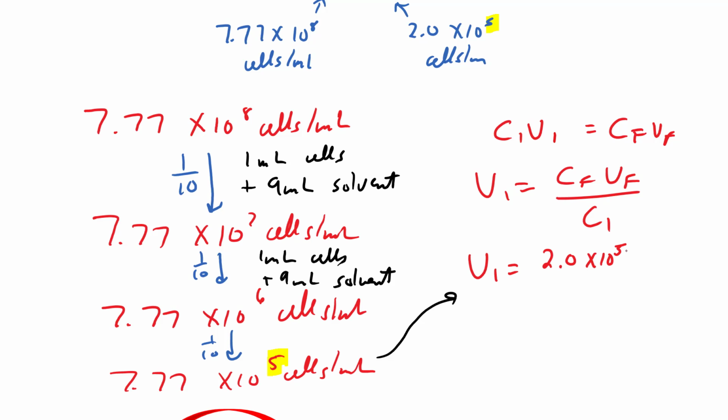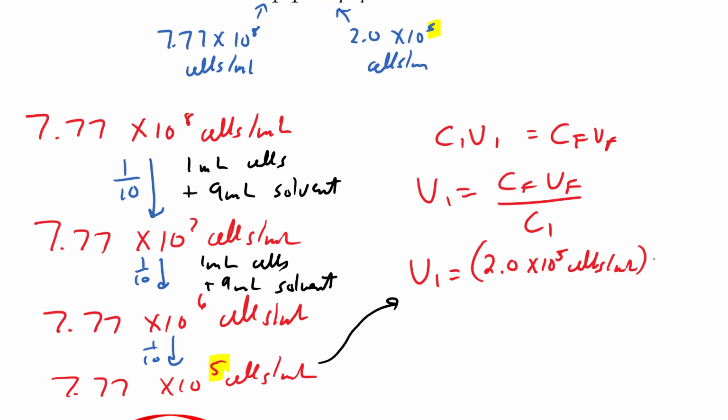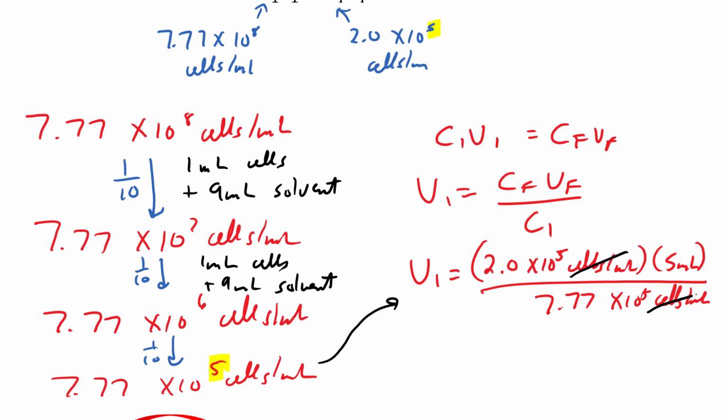2.0 times 10 to the 5 cells per mil times 5 mils divided by 7.77 times 10 to the 5 cells per mil. These will cancel out. 10 to the 5 and 10 to the 5, they also cancel out. 2 times 5, which is 10, divided by 7.77. 1.287001287 milliliters.